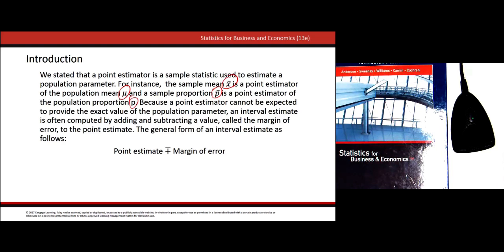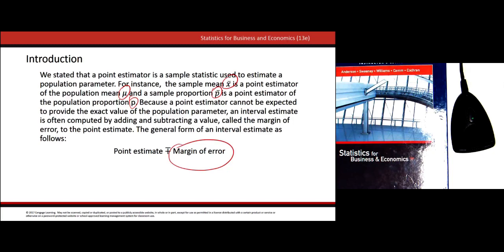But the point estimator cannot be expected to provide the exact value of the population parameter. An interval estimate is often calculated by adding and subtracting a value, which is called the margin of error. So the margin of error is the value added and subtracted to the point estimate.